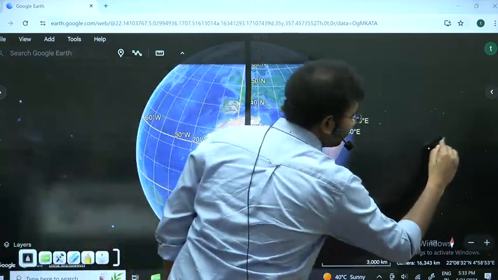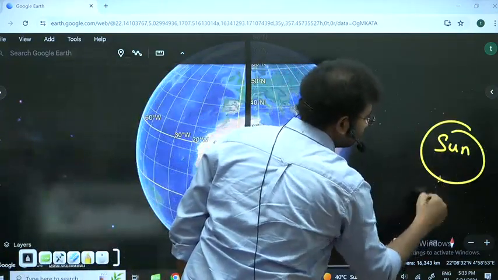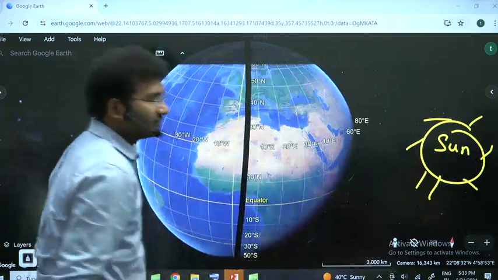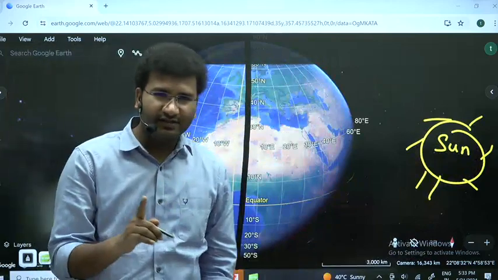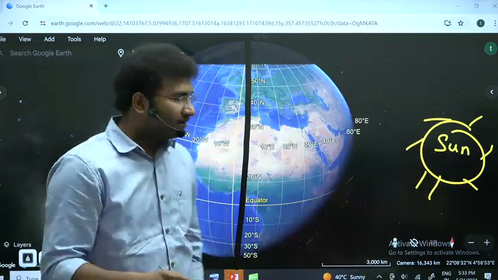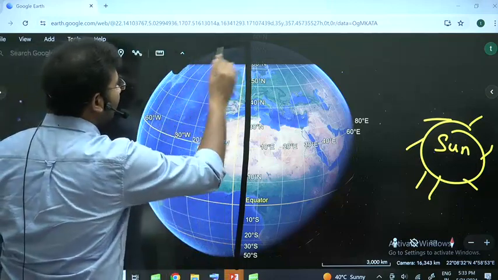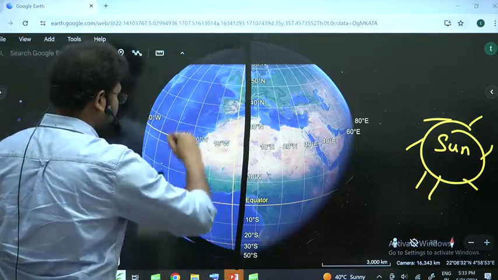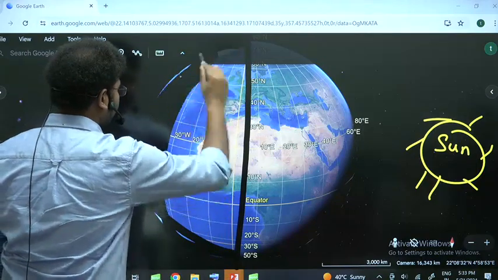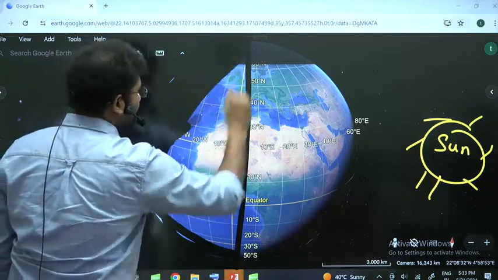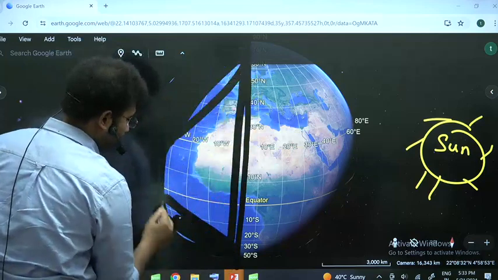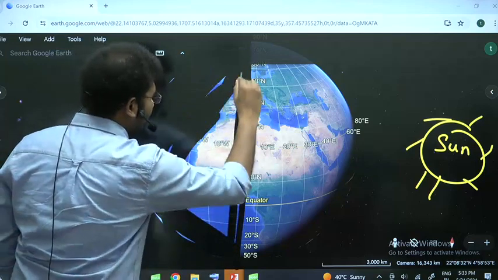If this is your sun, always 50% of the earth is illuminated. In fact, this part of the earth which is there, it is under the darkness. Do you agree?